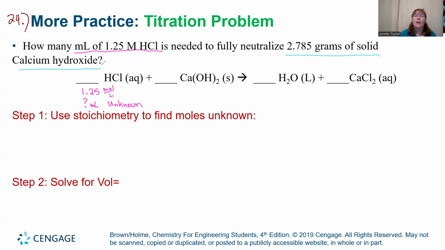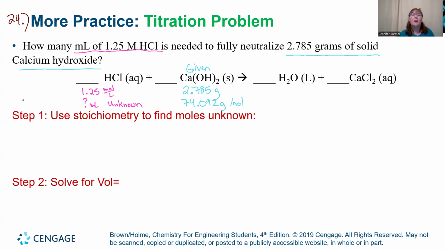So I can put that right here, and that's my given. Because I have that mass, I'm going to need a molar mass, and the molar mass for my calcium hydroxide is 74.092 grams per mole.